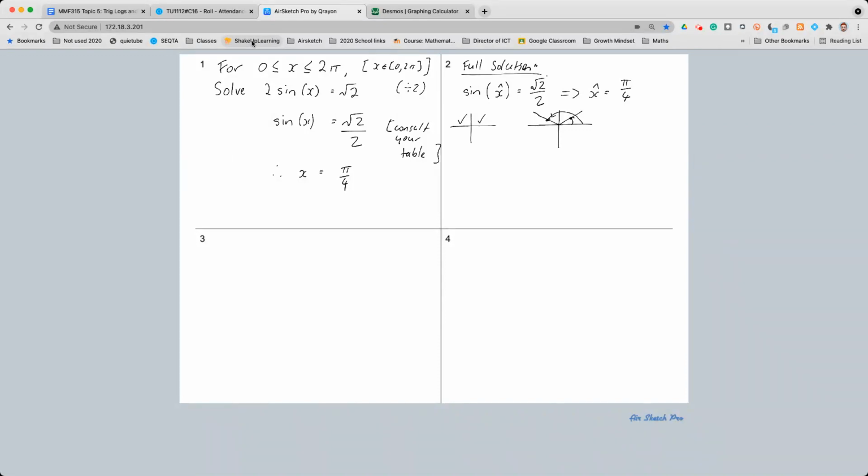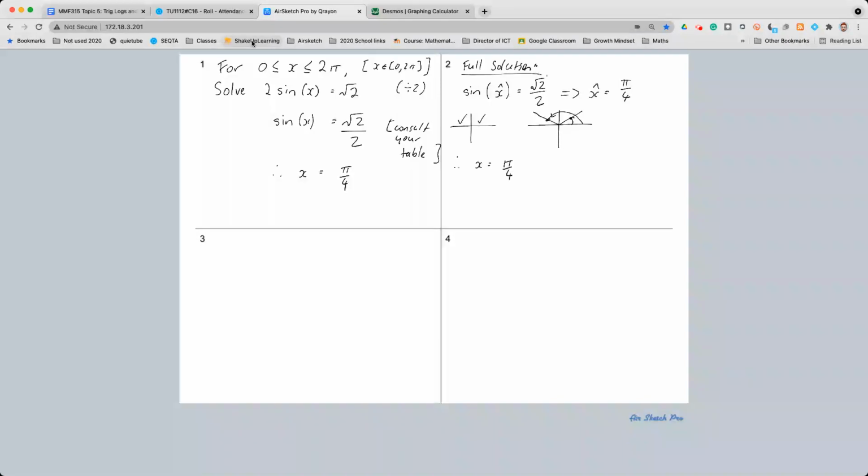Because x hat is between the x-axis and the line, then x hat is going to be between here and here or between here and here, which means that x is going to be between here and here or all the way around. Why? Because I identify that these are the two quadrants that the angle must end up in. So therefore, x equals pi on 4.